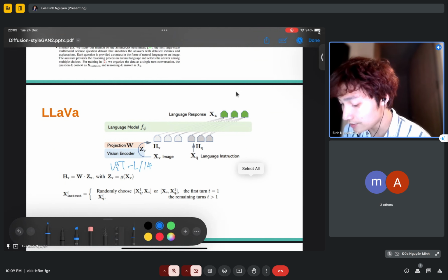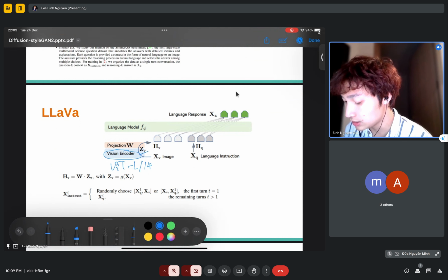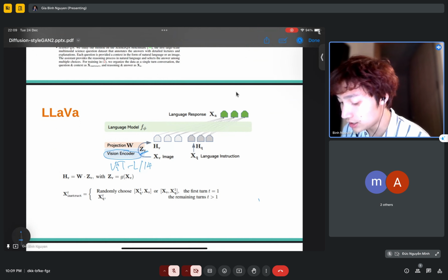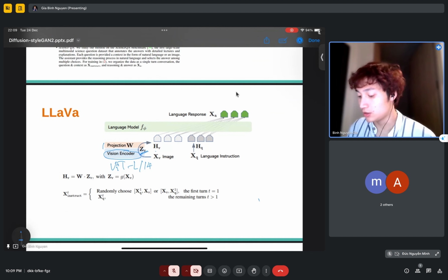After the image goes through the vision encoder, it returns a vector Z, which represents high-level features of the image. Then it goes to a projection layer with parameter W and is converted to the vector H_V, which is projected to the space of the text embeddings.